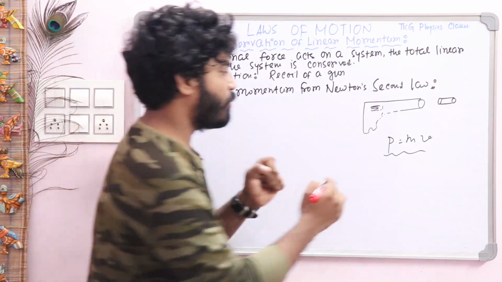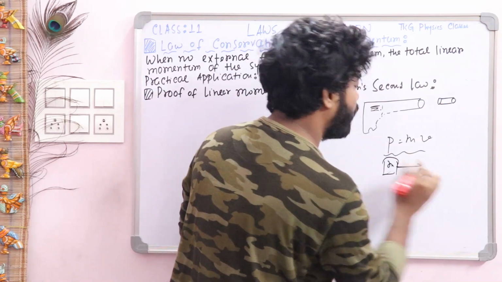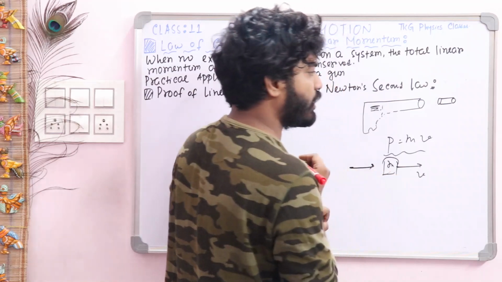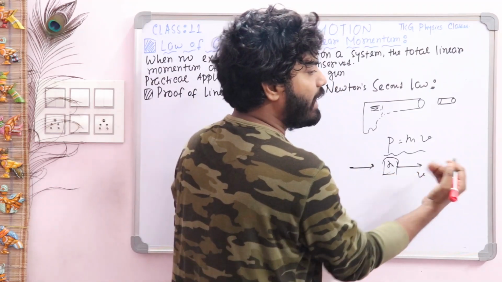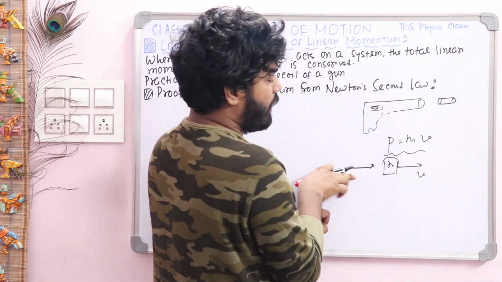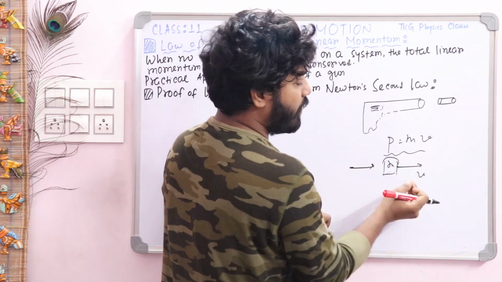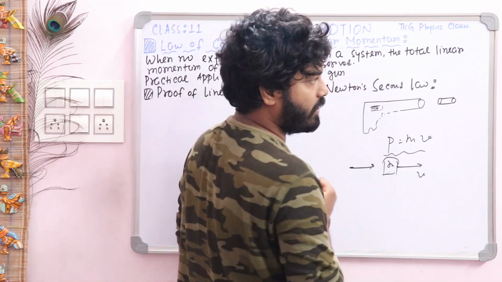Suppose a body of mass m is moving in this direction along the x-axis. Now if I apply a force along this direction, obviously the linear momentum of the body will increase, because you are applying force along the same direction where the body is moving, so its velocity increases. When velocity increases, its linear momentum increases.